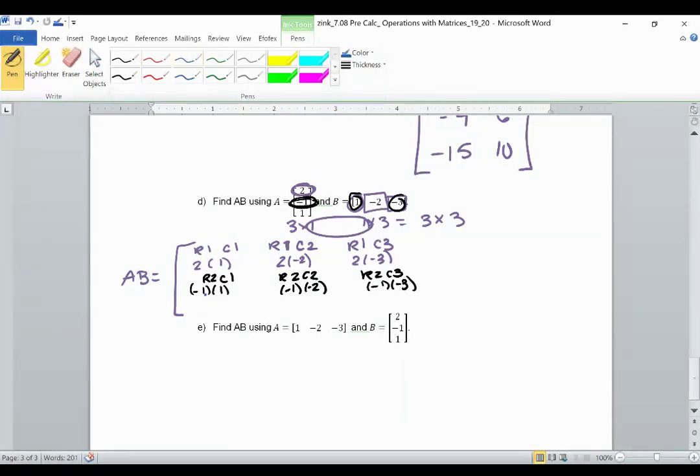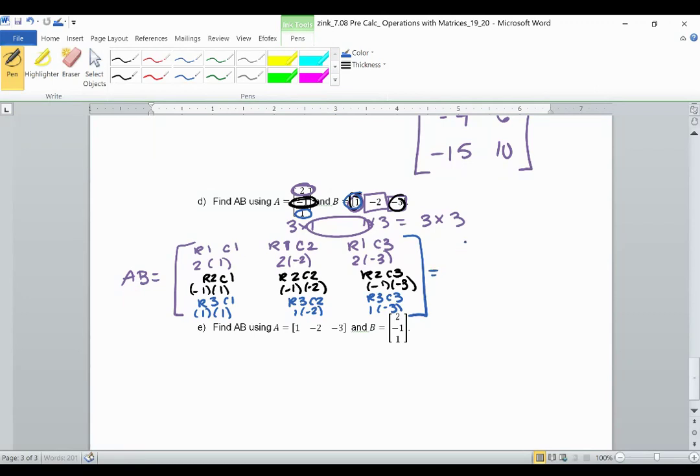And then our last row here will be row 3, column 1. So 1 times 1. Row 3, column 2 would be 1 times negative 2. And row 3, column 3 is going to be 1 times negative 3.